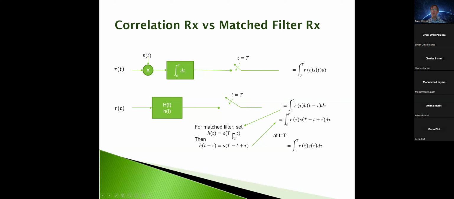We'll have T minus (t minus tau), which is T minus t plus tau. Okay? So now let's substitute that back in, and we're still integrating from 0 out to some arbitrary t.